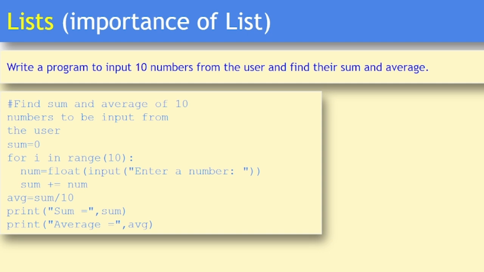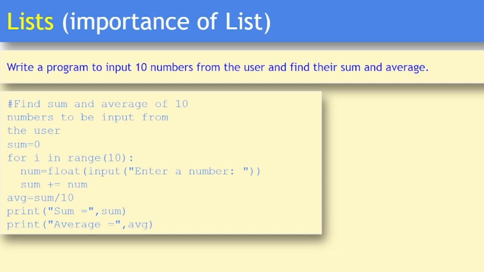In the range function, I mentioned 10, which means it will be executed 10 times, and every time it will get a number, maybe a float type number.